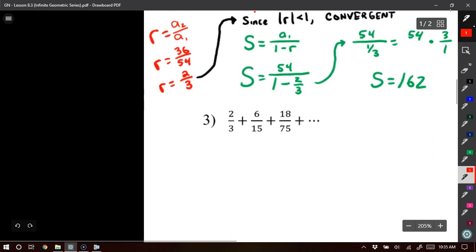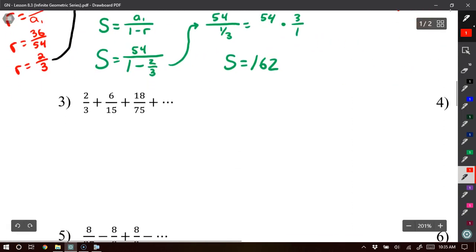Now, it gets more complicated when you're dealing with the fractions, but it's always the same idea. I'm going to take my second term, and I'm going to divide by my first term. I'm going to go backwards to find what is my common ratio. So I'm going to take 6 over 15, and I'm going to divide by 2/3.